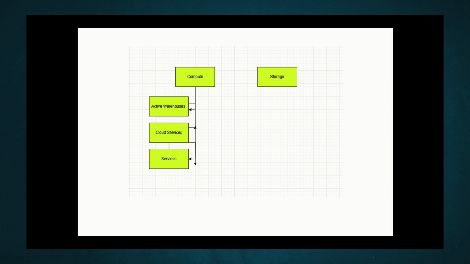Mostly in Snowflake, there are three elements we can see: the active warehouse, cloud services, and serverless. Based on that, you get charged. You can say the compute and the storage costs are decoupled from each other, right?